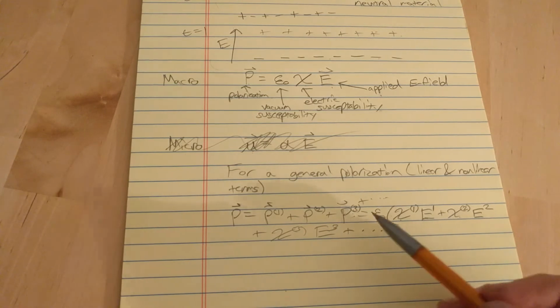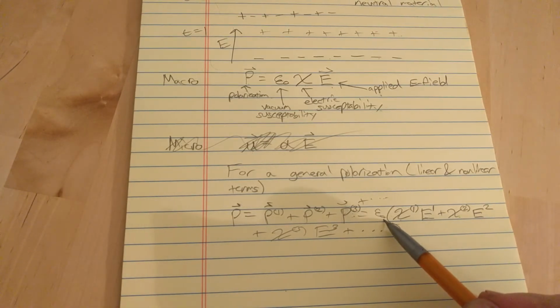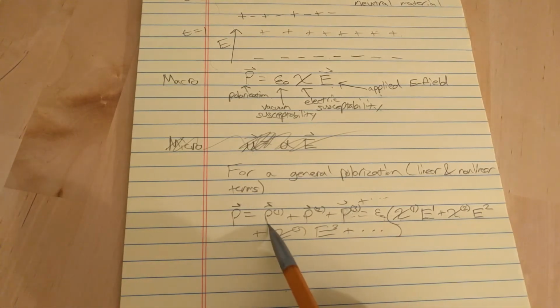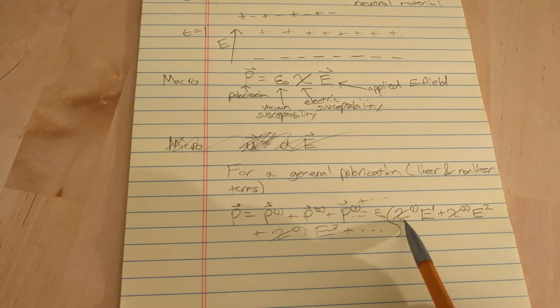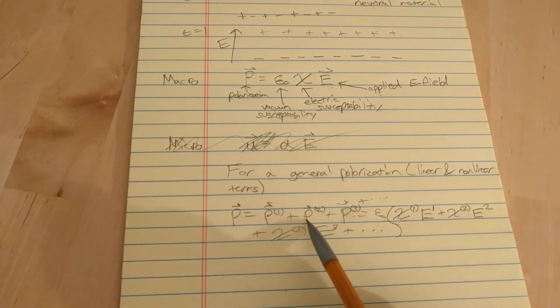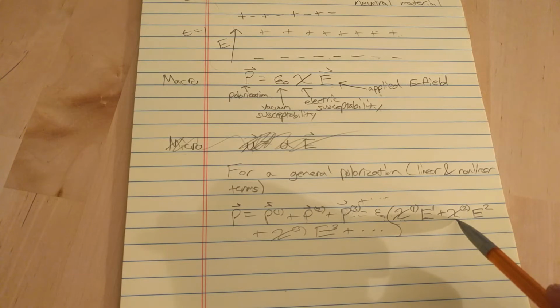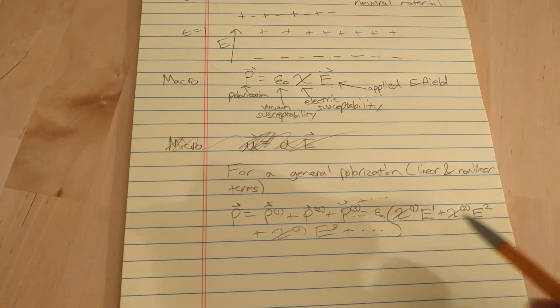Okay, so I already said what these are. This P1 is the linear polarization. Chi 1 is the linear susceptibility. P2 is the second order nonlinear polarization. Chi 2 is the second order nonlinear susceptibility.